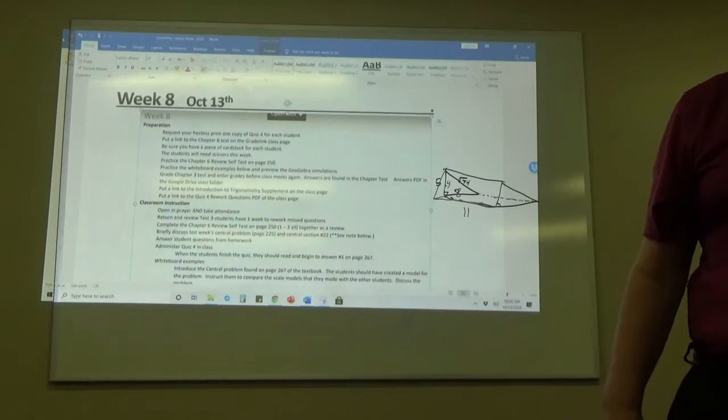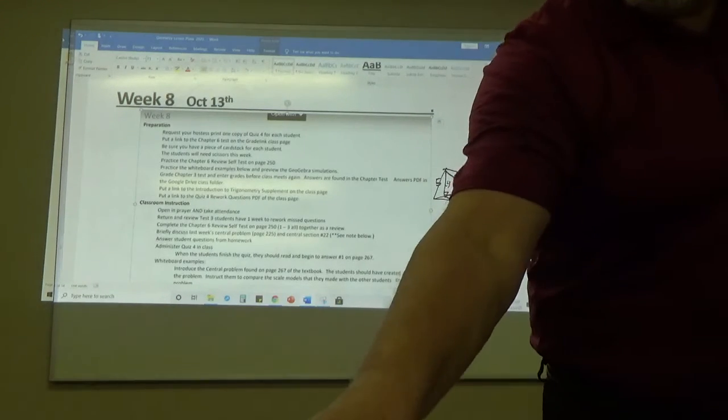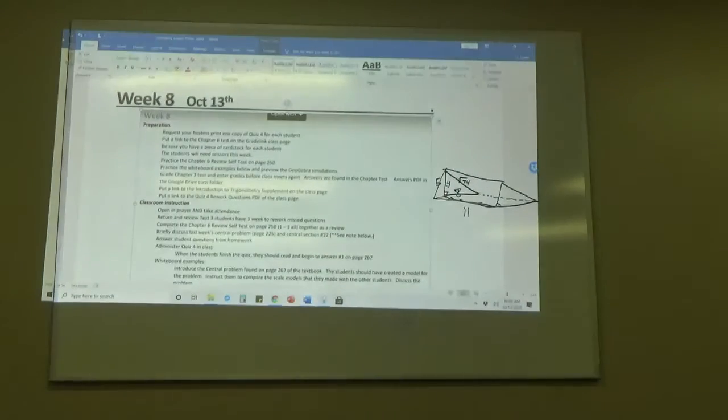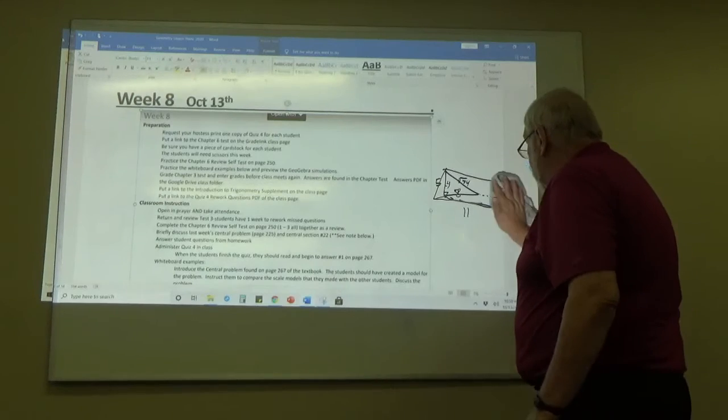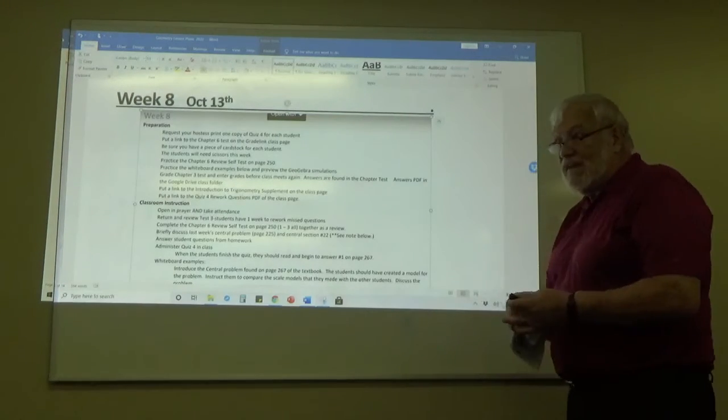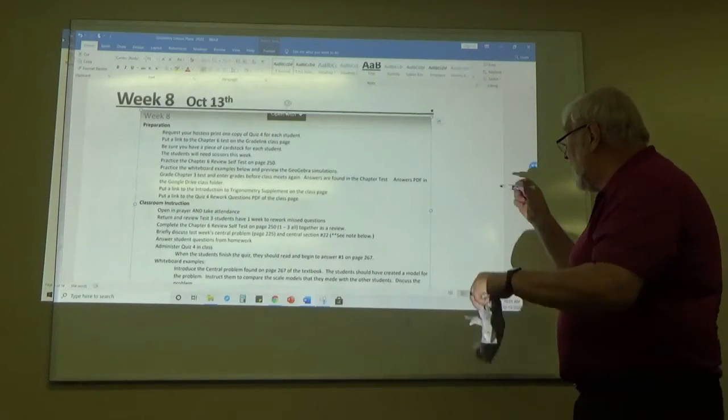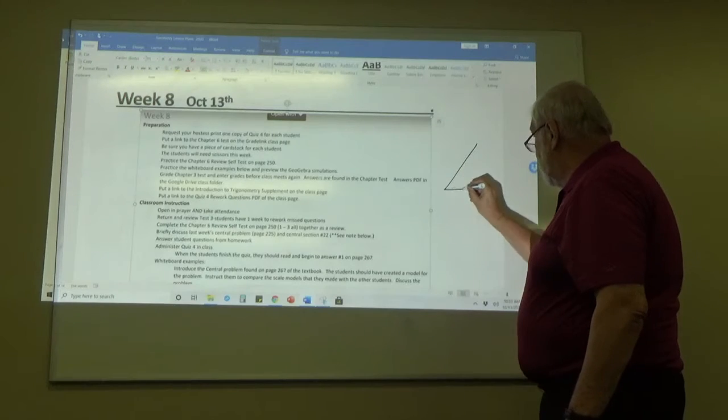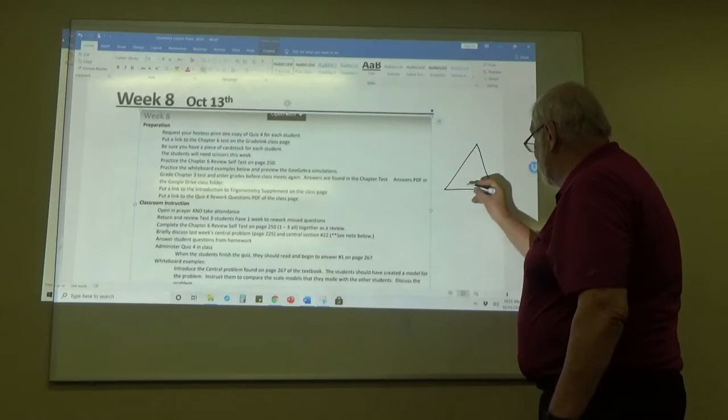Now, if we had a pyramid, for the area of the faces, we need the slant height. All right, so now I have something like this.